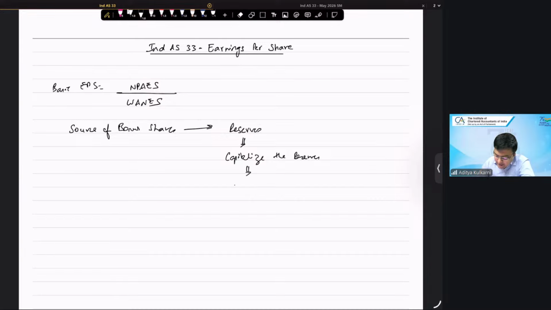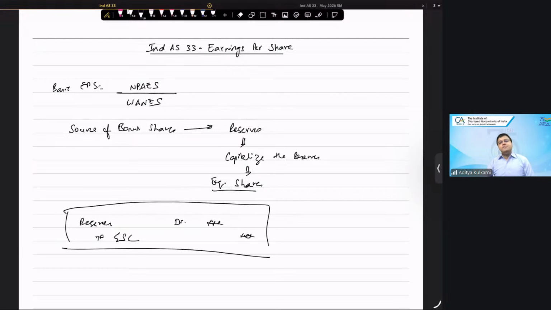I capitalize the reserve, convert it into equity shares, and there you have your number of shares increased by the amount of bonus shares. The entry that you will typically be having is reserves account debit to equity share capital. You have some entries in between, but this is the overall effect.